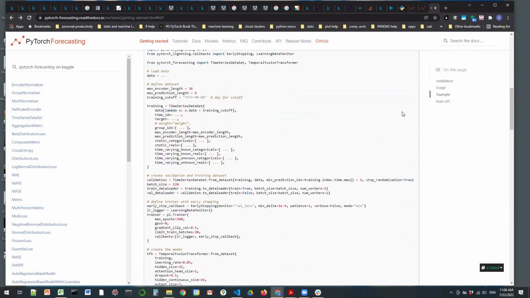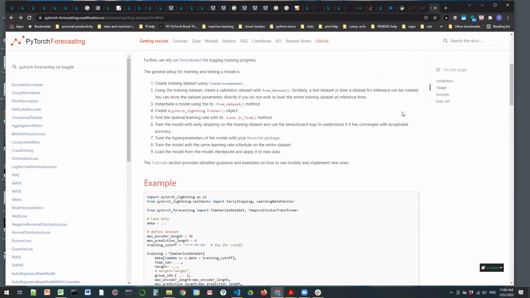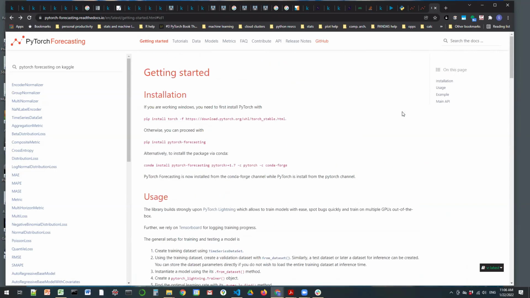So, go ahead, Steve. Are there two settings? Or is there a setting for the amount of training data you use, and then a setting for the time window that it uses to look across that data?